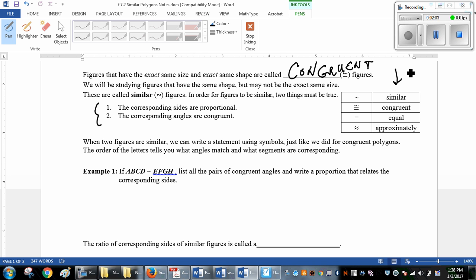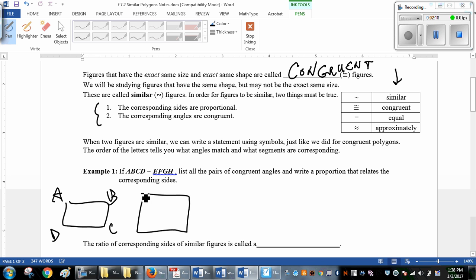So it might help you to draw a little figure here. If we start out, let's say this is some kind of quadrilateral or rectangle. Here's A, B, C, D. Now, when I draw this similar to this figure E, F, G, H, I'm going to go in the same order, so my corresponding parts line up. So if A is in that top left-hand corner, I'm going to put E in this top left-hand corner.